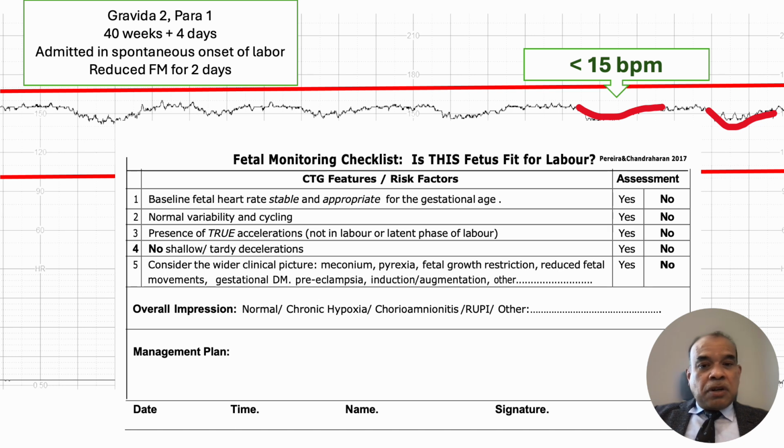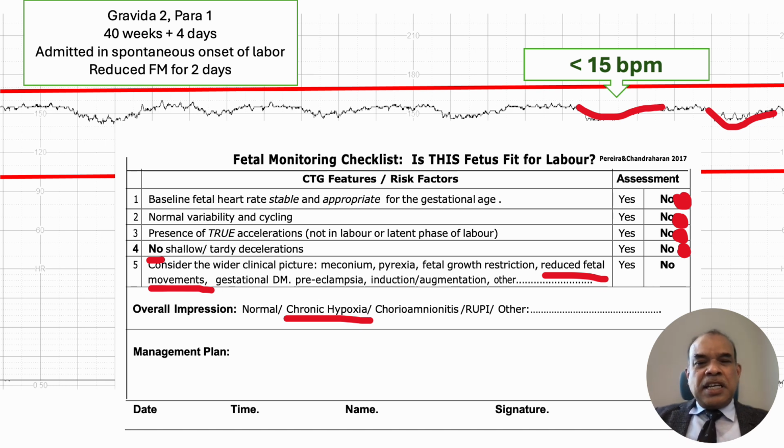But if we use the fetal monitoring checklist, which has been recommended from the guidelines, you could see that immediately we could pick this fetus up and make a diagnosis. Suspicious CTG is not a diagnosis. Pathological CTG is not a diagnosis.